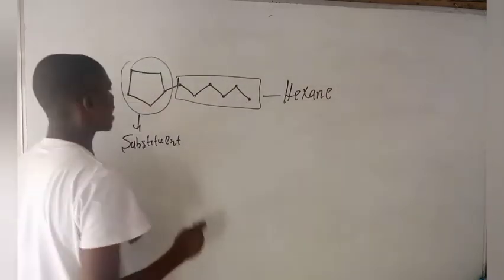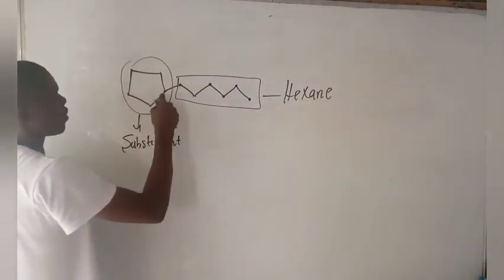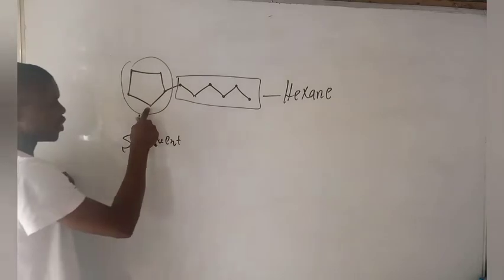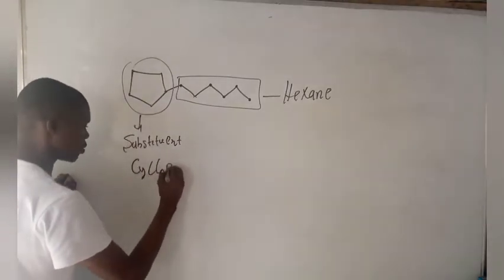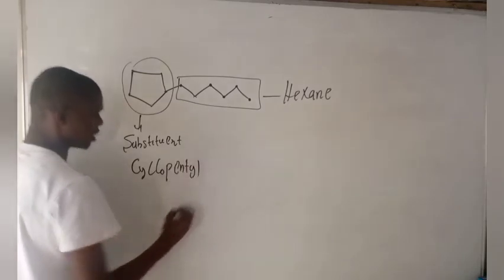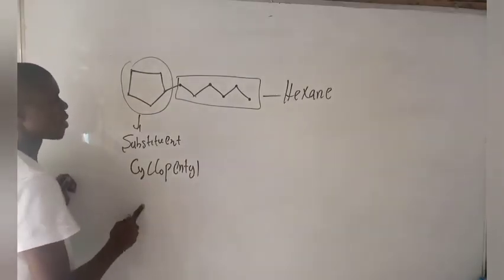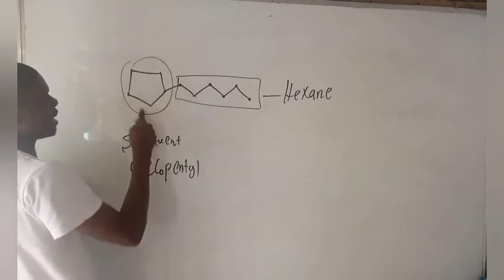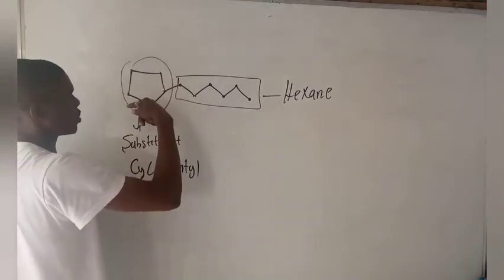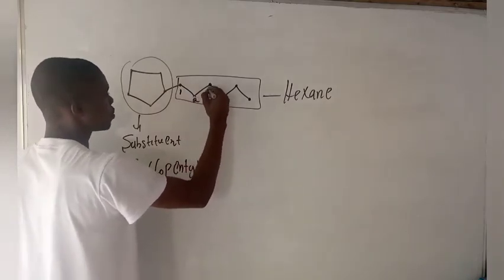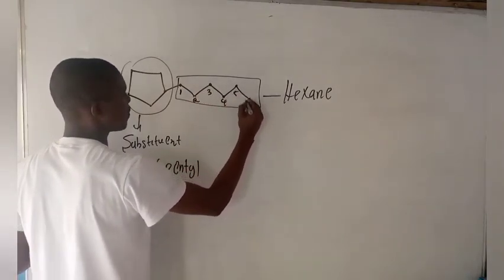Now, how many carbon atoms do you have here? 1, 2, 3, 4, 5. So now we have cyclopentyl. You get cyclopentyl. Now this cyclo compound is attached to carbon 1, because it's only one substituent. So it's going to be 1, 2, 3, 4, 5, 6.